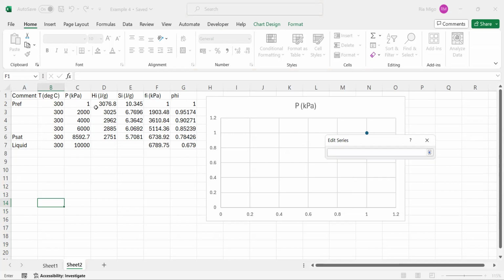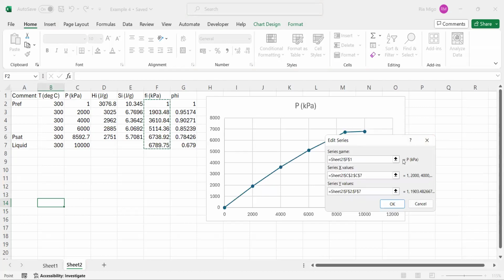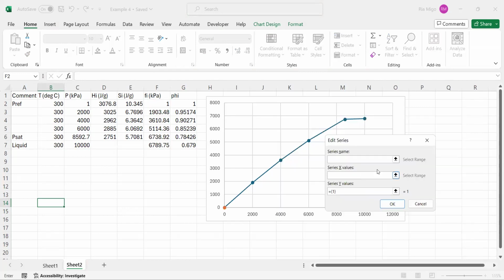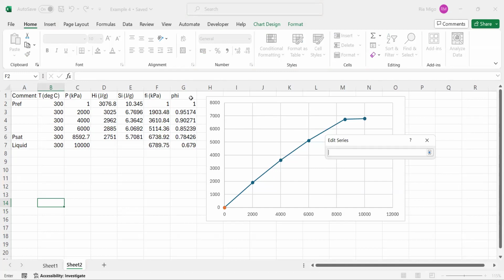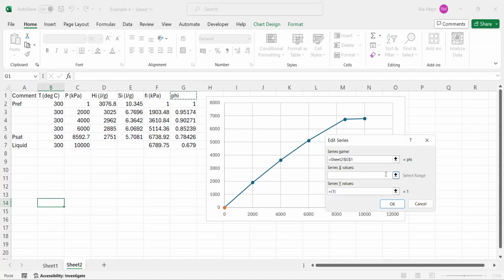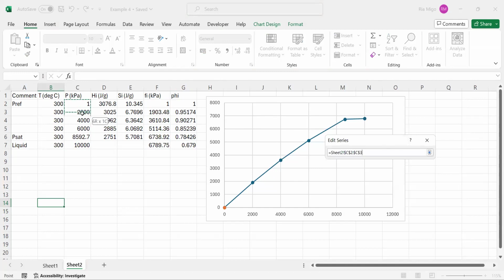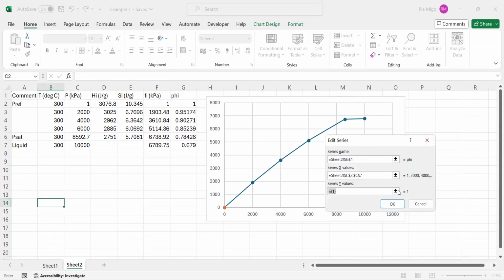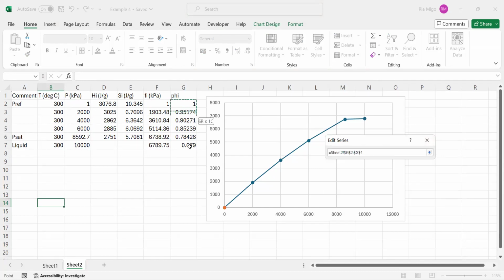And then for the x values, select the pressures, and for the y values, select the fugacity. Then add another series, this time for phi. The x values are the pressure and the y values are for phi.